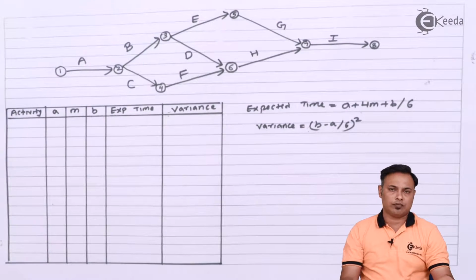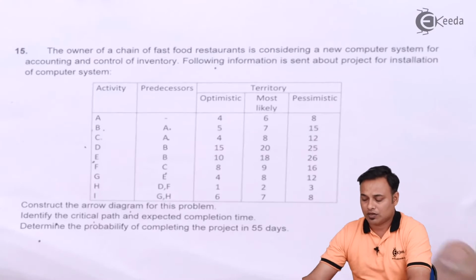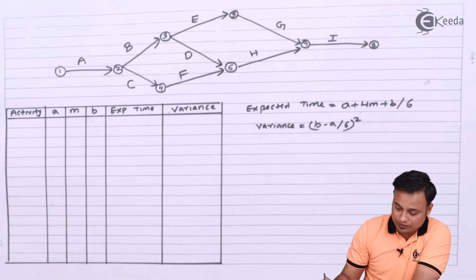I'll just first note down the numbers from the question itself. This is my question. These are my numbers. A to I are the activities. I'll just note down the activities first.